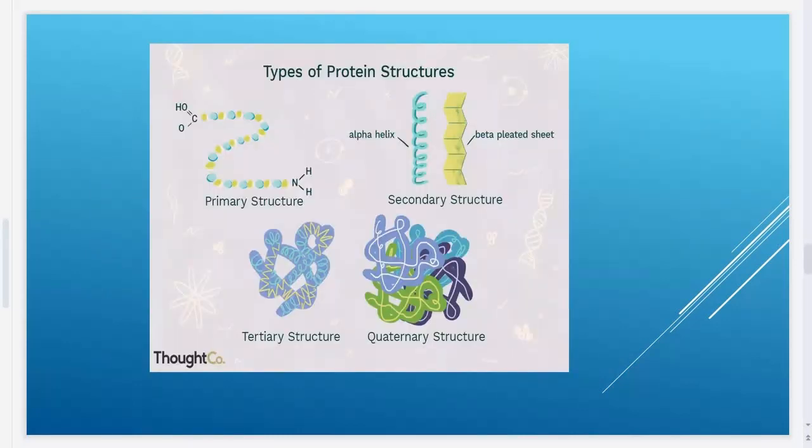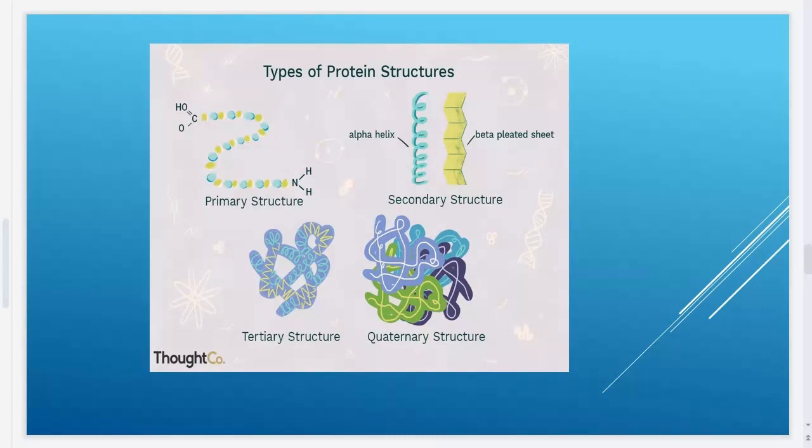The slide shows protein structures that determine their resistance to freezing. The primary structure is a sequence of amino acids connected by strong covalent peptide bonds. Secondary structure refers to the coiling or folding of polypeptide chains that gives the protein its 3D shape.